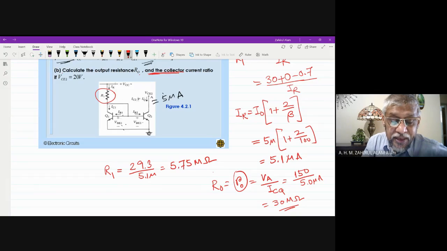Now the next statement: calculate the collector current ratio if VCE2 is equal to 20 volt.